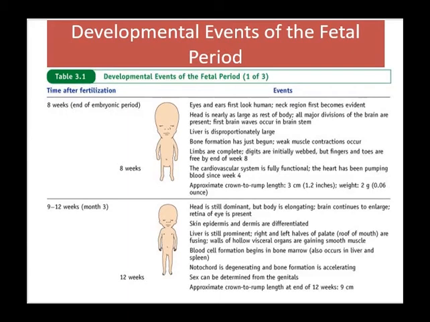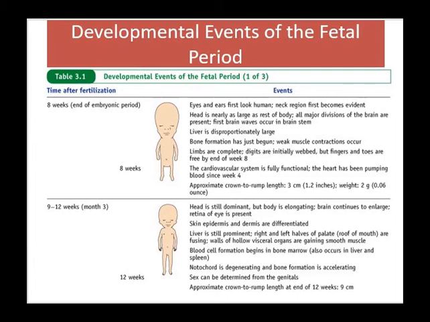The fetal period started from the 9th week, starting with the 3rd month, from 9 to 12 weeks of gestation. The head is still dominant, but the body elongates. The brain continues to enlarge. The retina of the eye is now present.